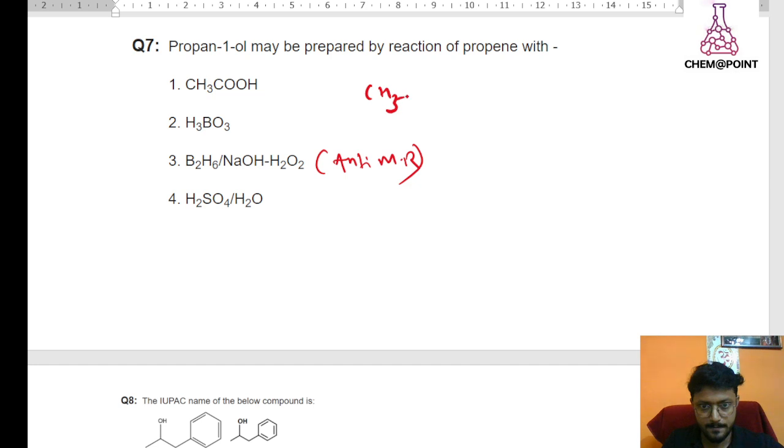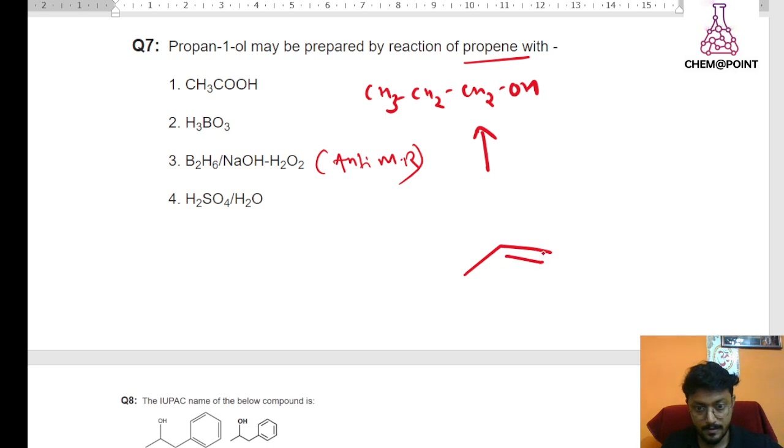Propan-1-ol means CH3CH2CH2OH from propene. Propene has carbons 1, 2, 3.